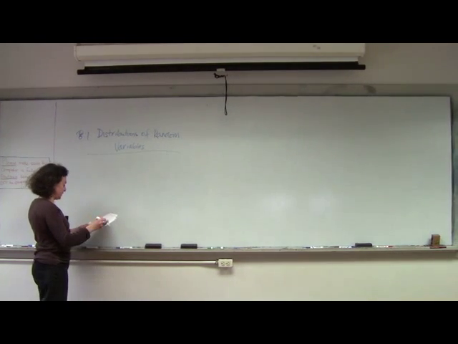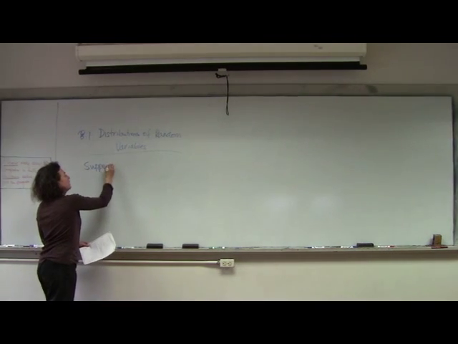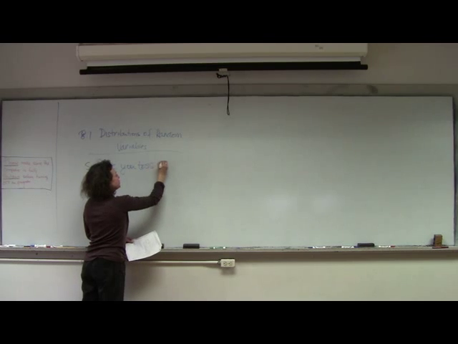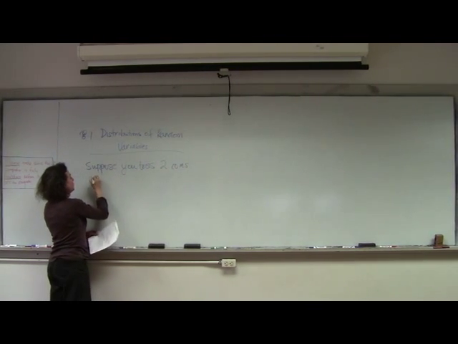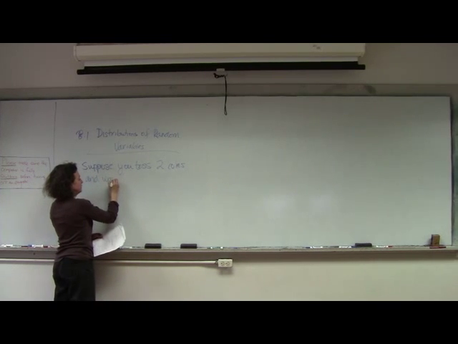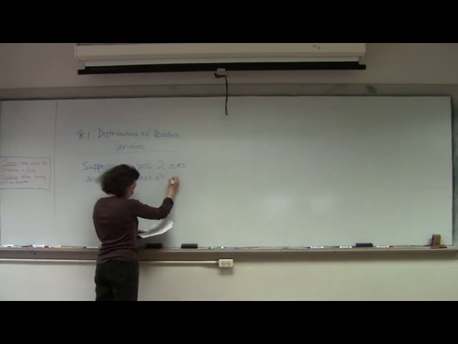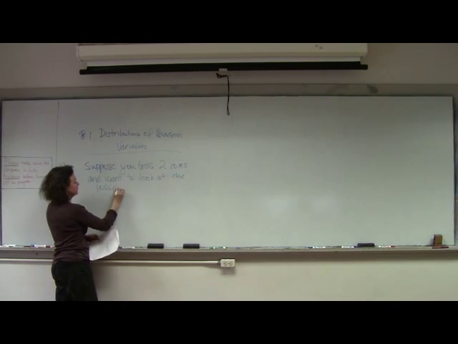And our first example is the following. Suppose you toss 2 coins and want to look at the possible number of heads that appear.